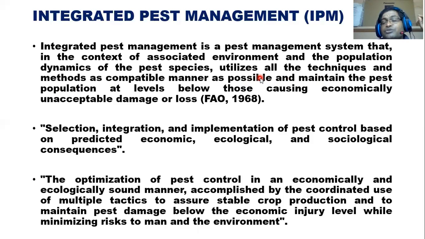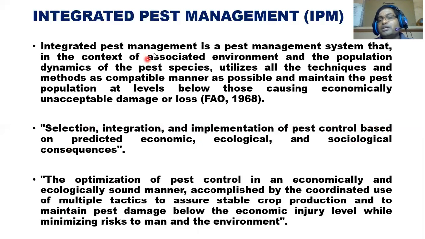So your task is to reduce the pest population, not to kill all, to below the economic injury level, economic threshold. You will study in the next couple of slides the difference between the economic threshold level and the economic injury level. So the main target is selection, integration, and implementation of pest control based on predicted economic, ecological, and sociological consequences.